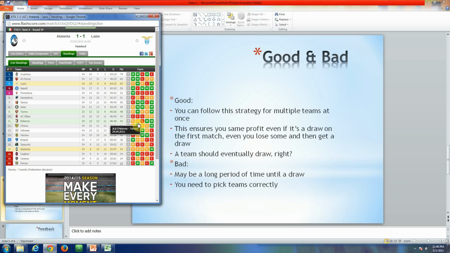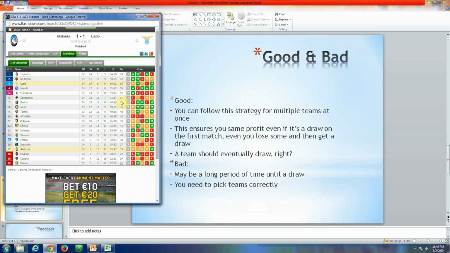You may have for these teams a draw in the first game. You don't need to wait too much, you just bet and get the profit. You will have a draw on the second game, which means that you need to wait until the second week, because usually a team plays one game per week, so you need to wait 2 weeks to get a profit.